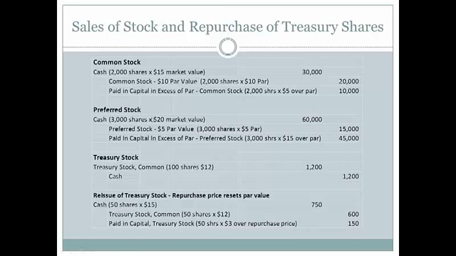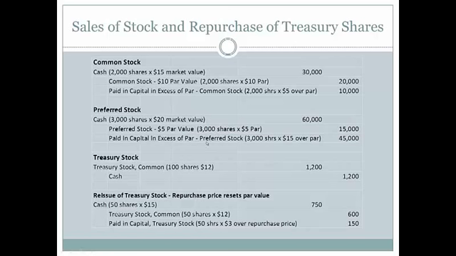Now let's look and see what would happen if we sell preferred stock. Well, it's the same type of thing. You're going to receive cash based upon the number of shares and the market value as of the date of that sale. Again, preferred stock can have a par value, and in this instance, it was a $5 par value, so it'll be 3,000 shares times $5 par value, and so what will be booked into this general ledger account will be limited to its par value times the number of shares.